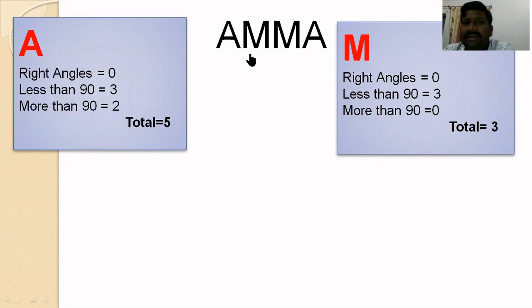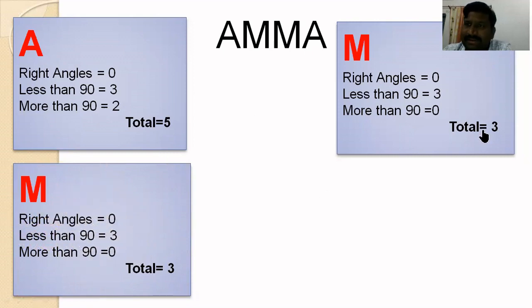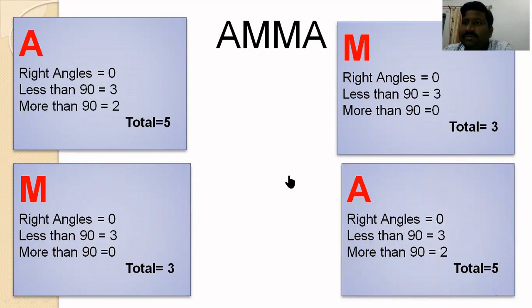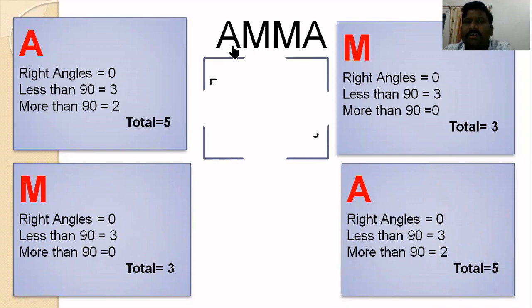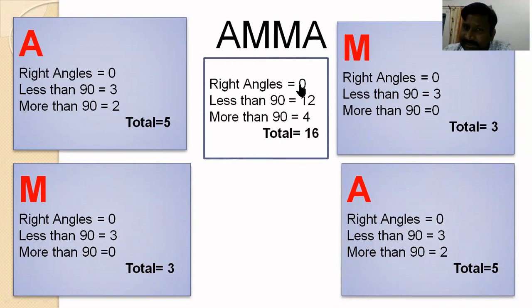More than 90, nothing. Again, M is similar, so no problem. A is similar to this, so again it's okay. So Amma in total has right angles 0, less than 90, 12, more than 90, 4, total angles 16. 5 plus 3, 8, plus 3, 11, plus 5, 16.